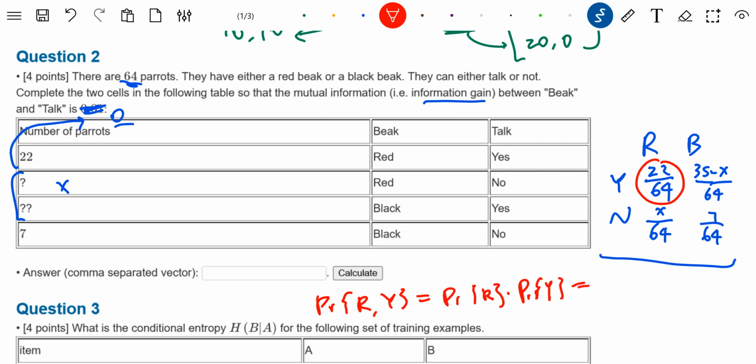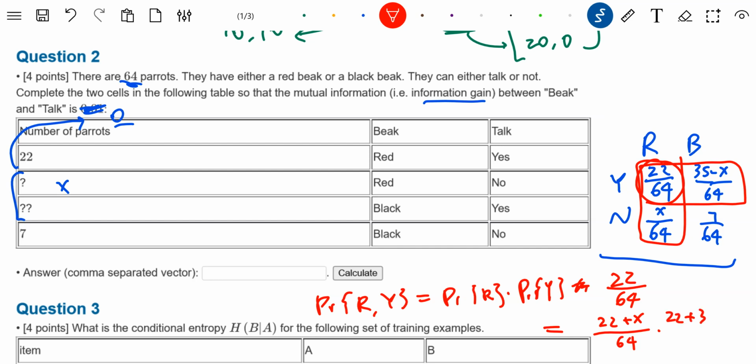So if you write it that way, then it's basically 22 should be equal to the probability of R, which is the sum of these two, 22 plus X, times the probability of Y, which is the sum of these two, 22 plus 35 minus X, divided by 64. So now you have an expression like this.